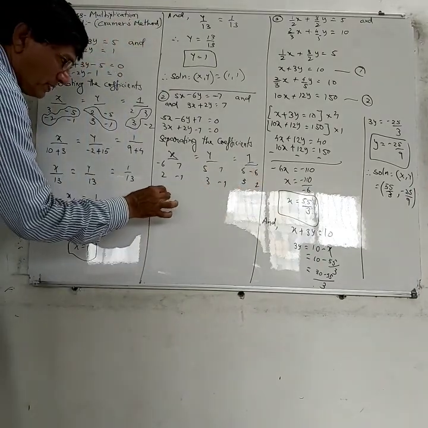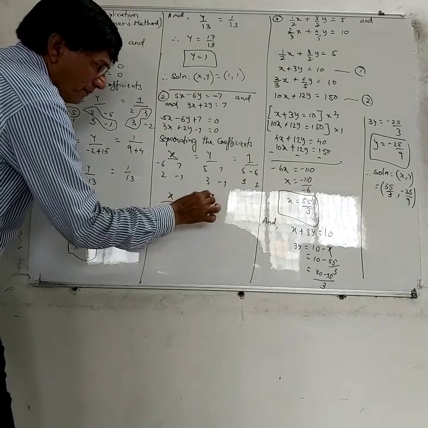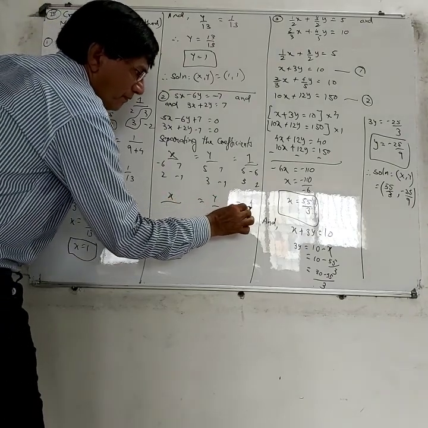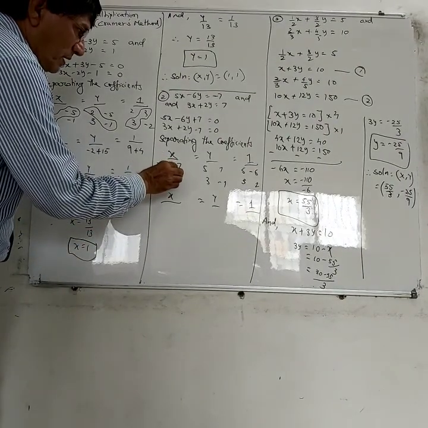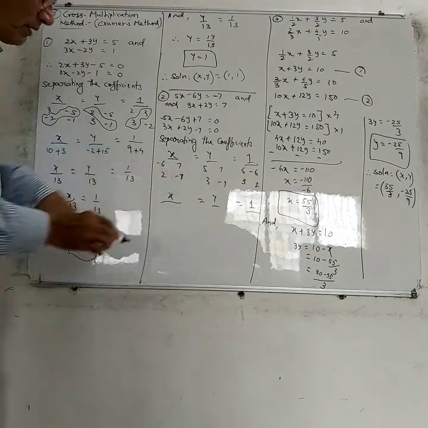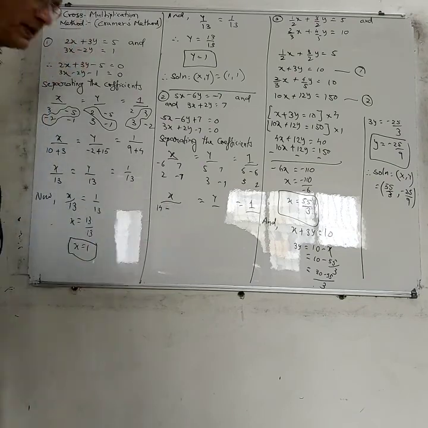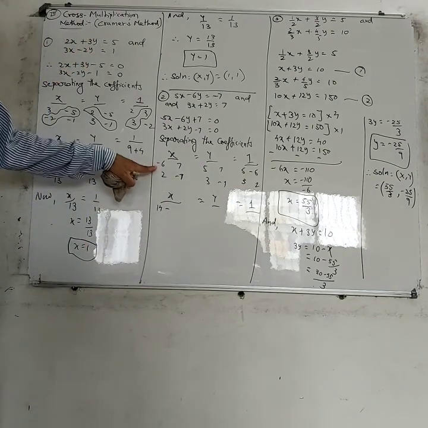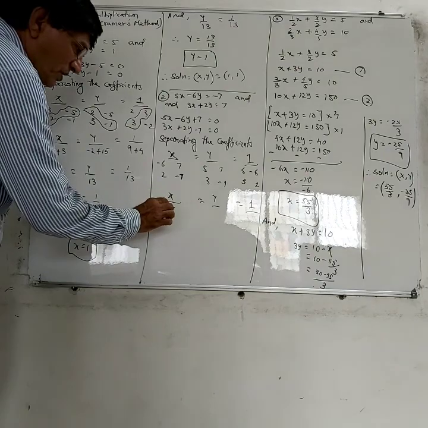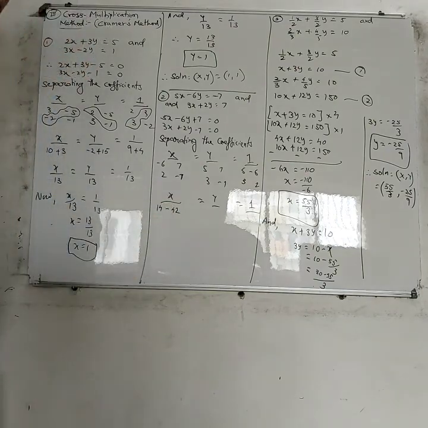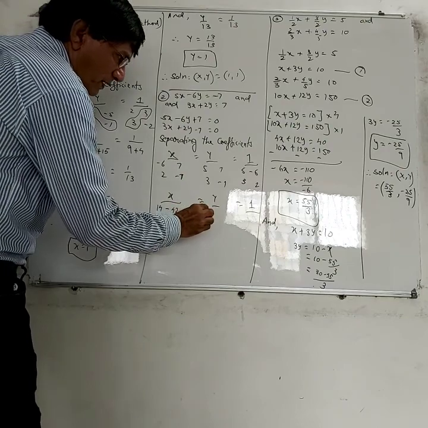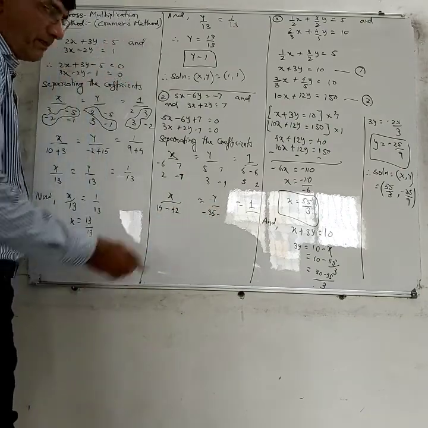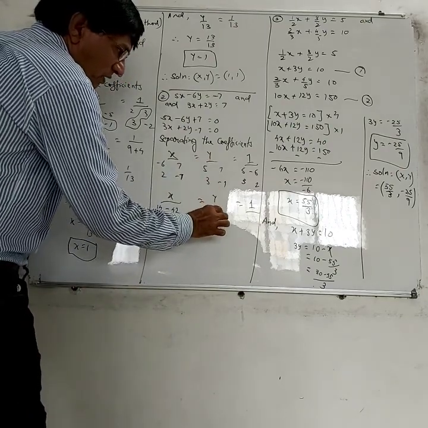Now multiply this. And remember, this is 7. Now 2 into 7, that is 14. Put a minus sign. 7 6s are 42. Minus minus plus 42. So then this one, it must be multiplied this way. 5 7s are 35. Minus 30. Put a minus sign. 7 3s are 21.